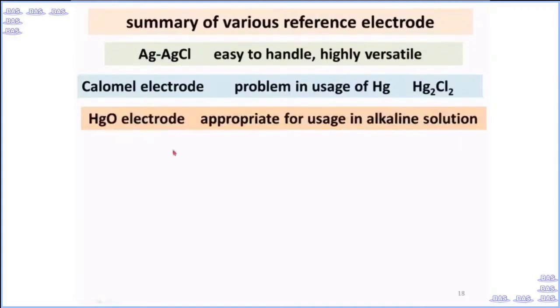Mercury oxide electrode is appropriate for usage in alkaline solution. The solubility of mercury oxide is extremely low, so it contaminates the environment.